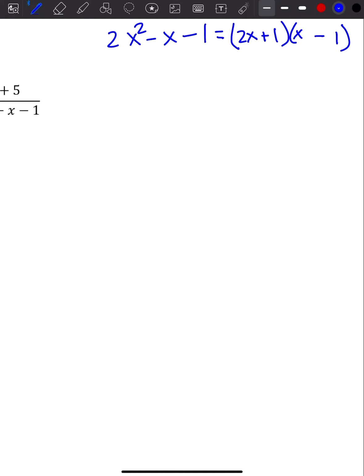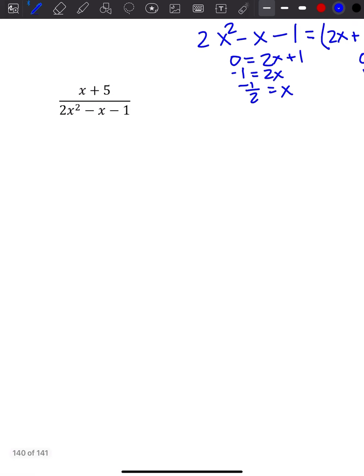And then I know that I want to use my zeros, so I'm also going to solve for my zeros while I'm looking at these factors. So 2x plus 1 equals 0, x minus 1 equals 0, so x is equal to 1 and -1/2. Now that I know my factors, I'm going to take what we have already and plug it into our function.